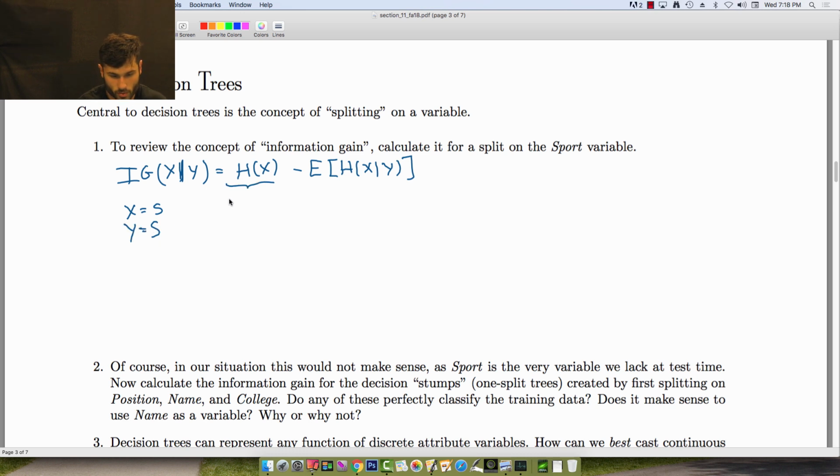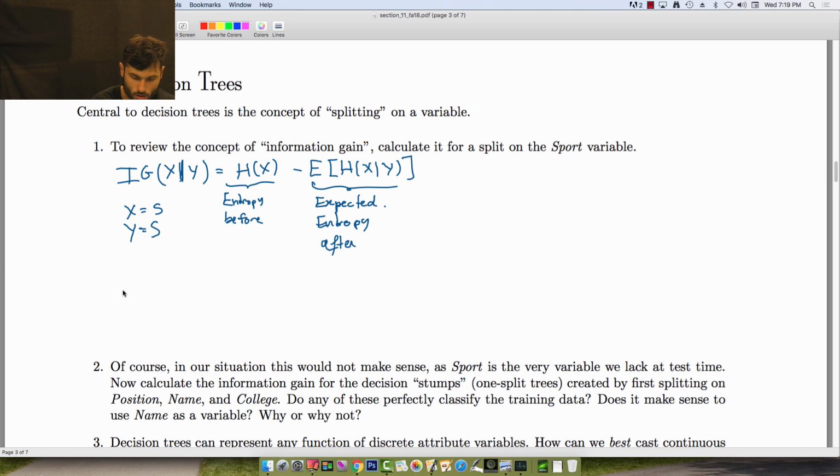So this corresponds to the entropy before the split, and this is the expected entropy after the split.